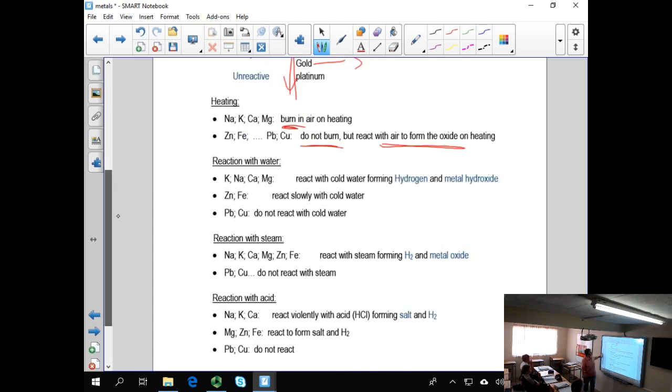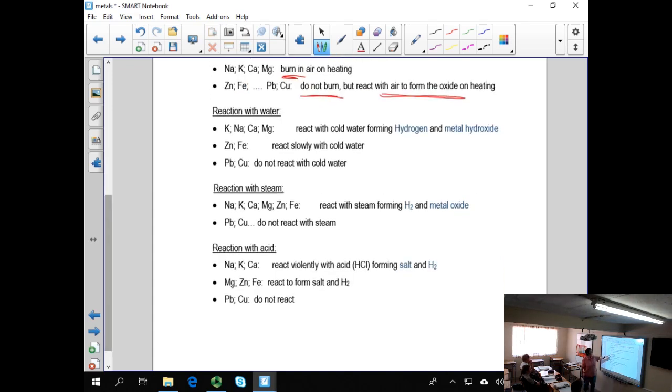If we look at the reaction of these metals with steam in comparison to the reaction of metals with cold water, we find that sodium, potassium, calcium, magnesium, zinc, iron react fairly easily with steam, and the product that is formed is hydrogen.